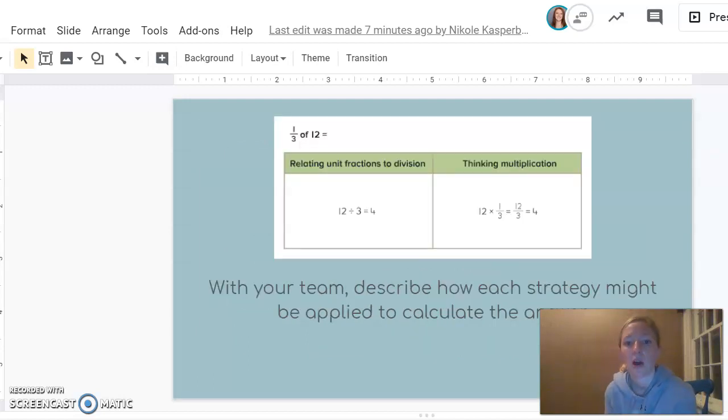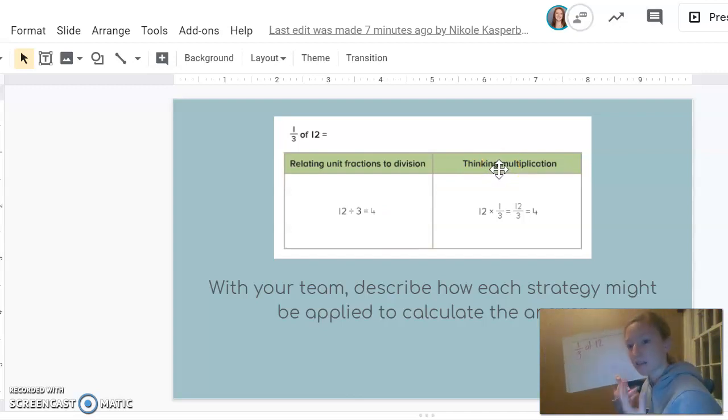Okay, so our first problem is 1/3 of 12. So I'll go ahead and write that on the board. 1/3 of 12. Now they give us 2 ways to think about this. You can either think of it in terms of division, like the first problem that you see right here, the 12 divided by 3 equals 4, or you can think about it as multiplication.